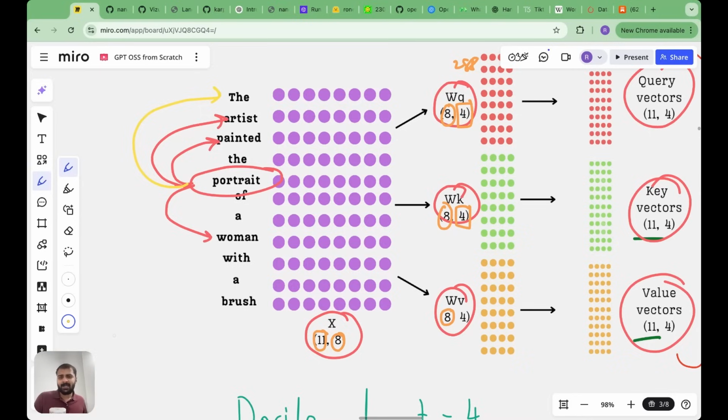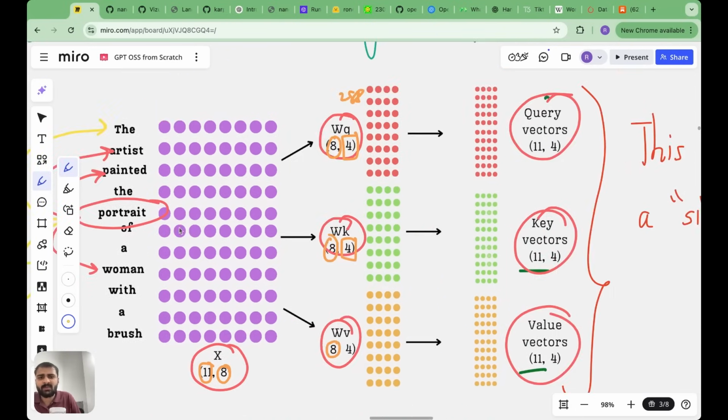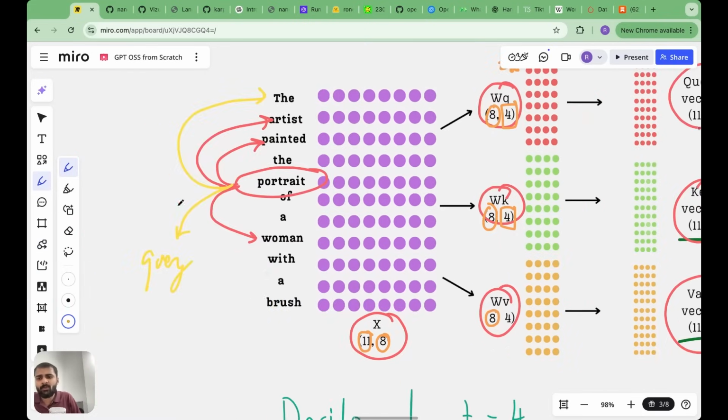That's exactly why the attention mechanism is introduced in the first place. So if you look at any particular word, let's say portrait, let me call it the query. That's where these names come from, query vector. So when I look at one particular query vector, I want to look at all the other key vectors. So when I look at a query, all the other vectors, including these ones, become the keys.